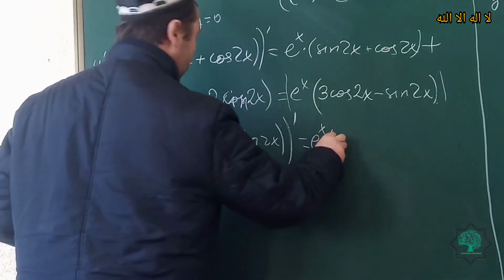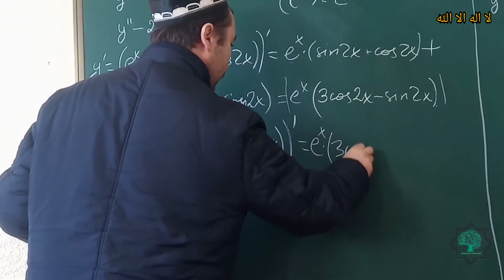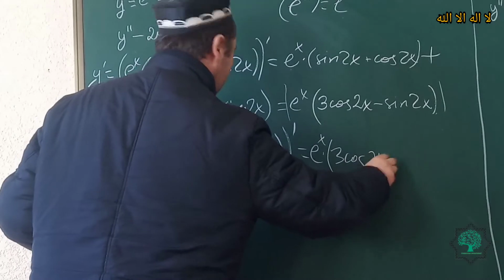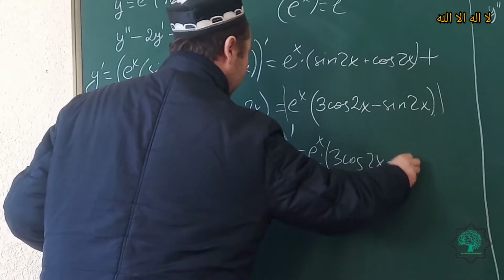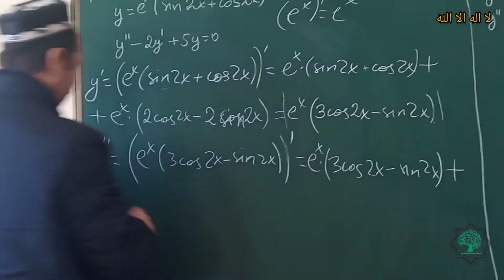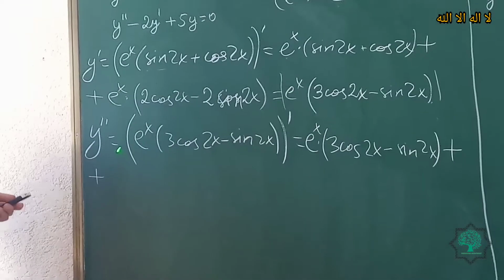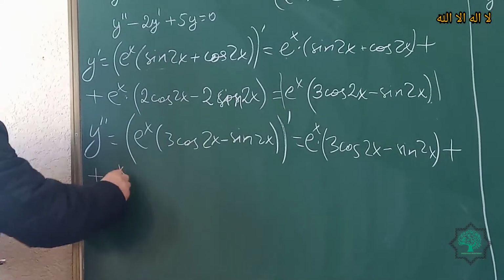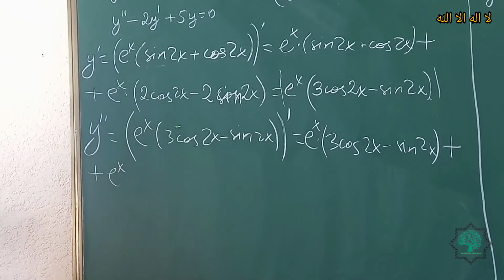We multiply by the second part of the function, 3 cosinus 2x minus sinus 2x, okay, plus e in power x, and we take the derivative once more.